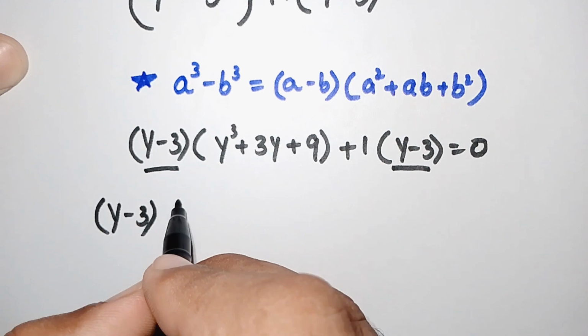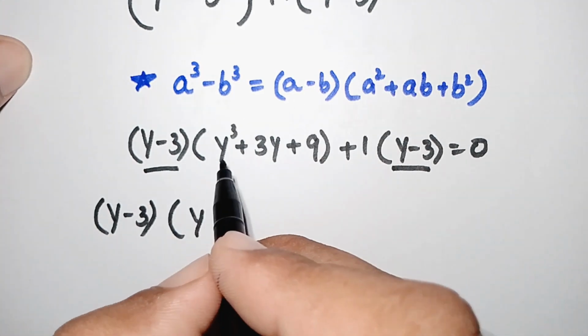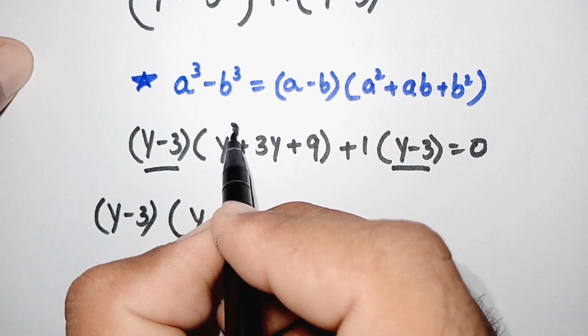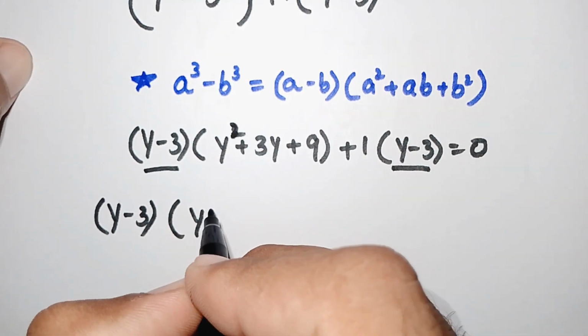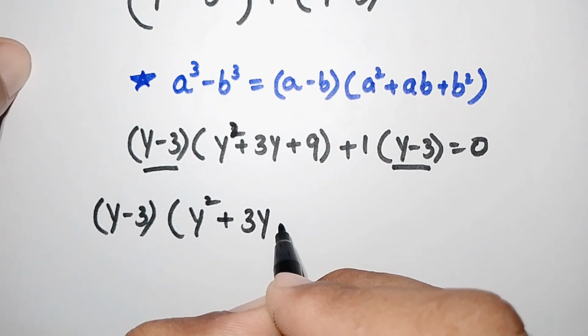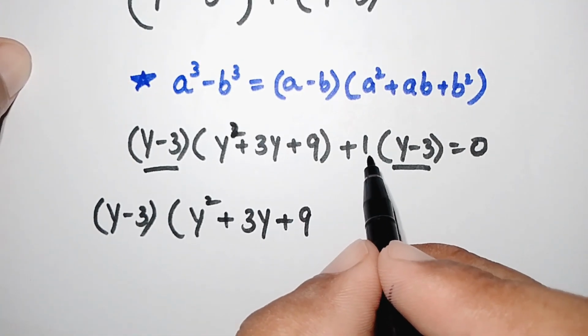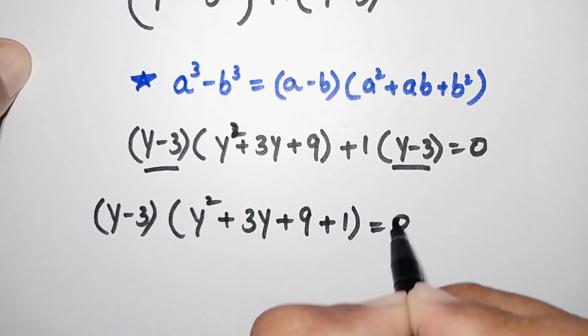So here this is y square, according to this formula. So here y square plus 3y plus 9, and also this divided by this leaves plus 1, which is equal to 0.